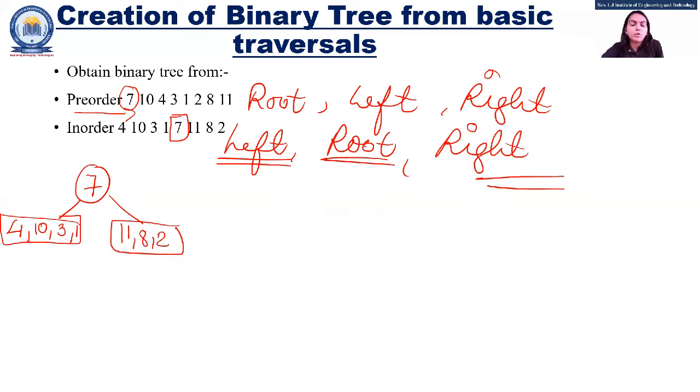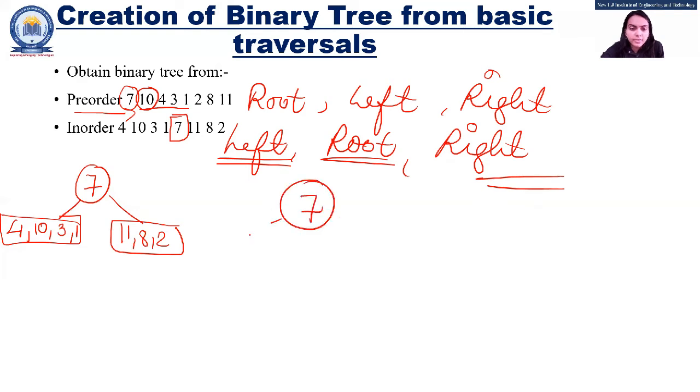Now among this 4, 10, 3, 1, what is the root? For that we have to again identify that sequence, those numbers in pre-order. So if we see here 10, 4, 3 and 1. So basically this 10, 4, 3 and 1 would be there on the left hand side, and the first element in 10, 4, 3, 1, that is 10, will be the root element.